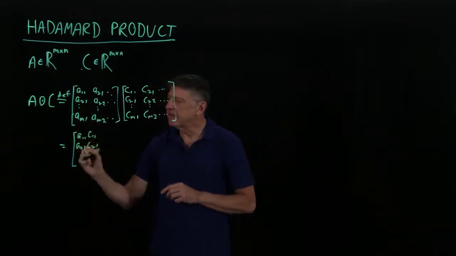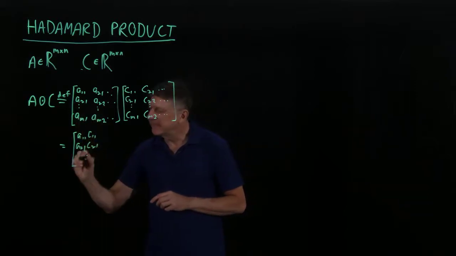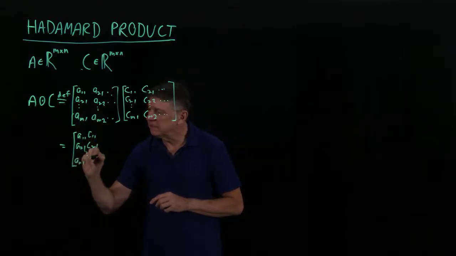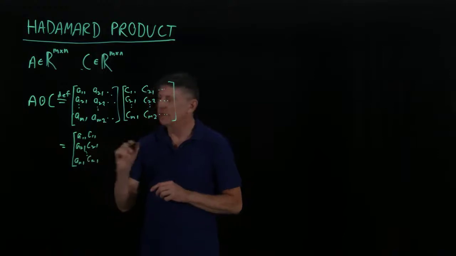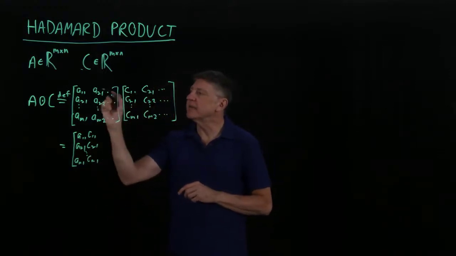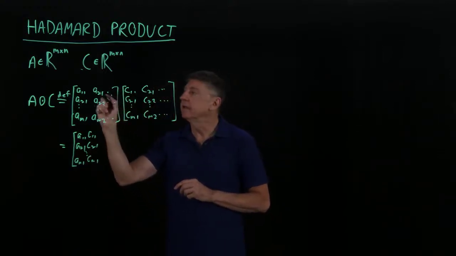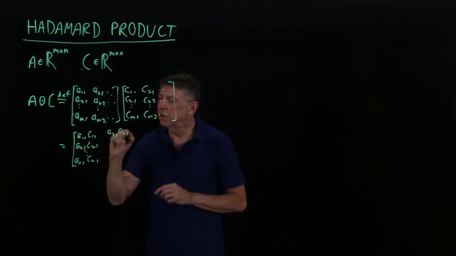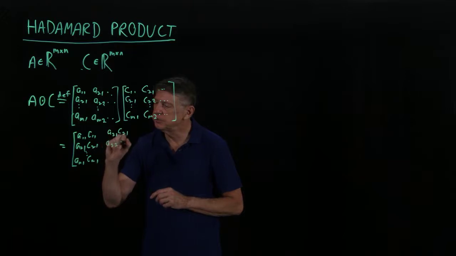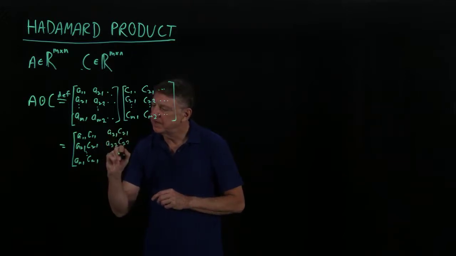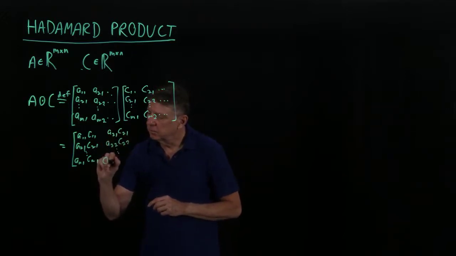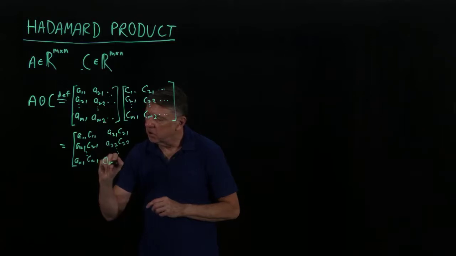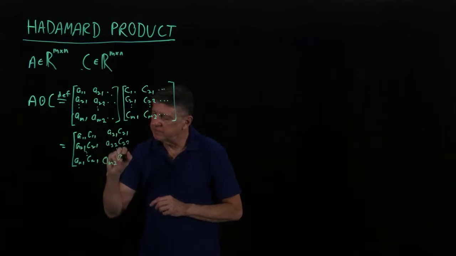And then the last entry in the first column is Am1 times Cm1. Then if we were to move to the second column, we would do the same thing. This would be A12 times C12, A22 times C22, and so on until we have written all of the entries in that column.